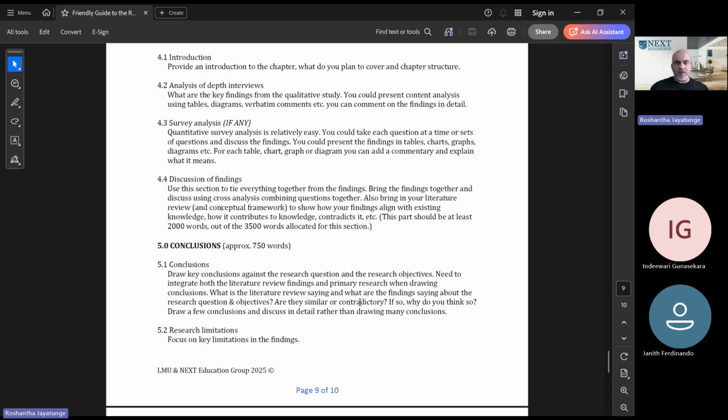Same way when you do the interview, it has to be generating some content that will give you some insight. Sometimes, and this happened to me also, when I did my interviews, there were certain things that came out a little bit more than what I actually expected. So I found an area that can be used for future research, and I commented about that.